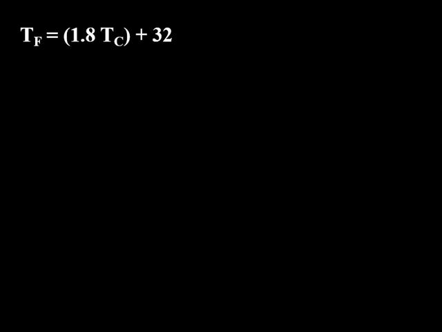We can convert from Celsius to Fahrenheit by taking 1.8 times the degrees in Celsius plus 32, and that gives us the temperature in Fahrenheit. We can also rearrange this equation and use Fahrenheit temperature to determine temperature in Celsius. And so the temperature in Celsius can be calculated by taking the temperature in Fahrenheit minus 32, we need to do those in parentheses, and then divided by 1.8.